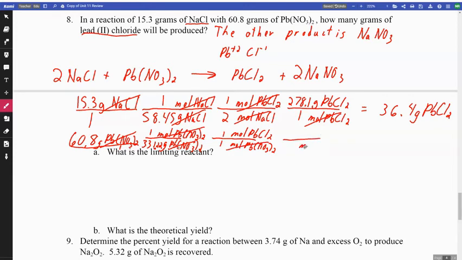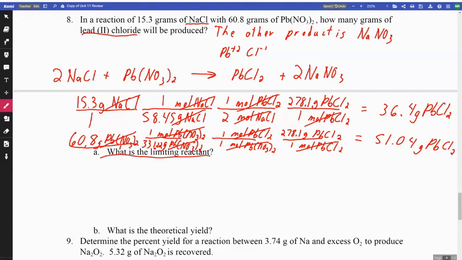So we need moles of this, grams of this, 1 mole, molar mass next to grams. Moles cancel out. We're left with grams. That is where we want to be. And we get for that one 51.04 grams PbCl2.